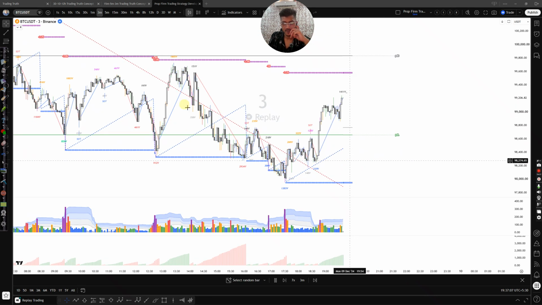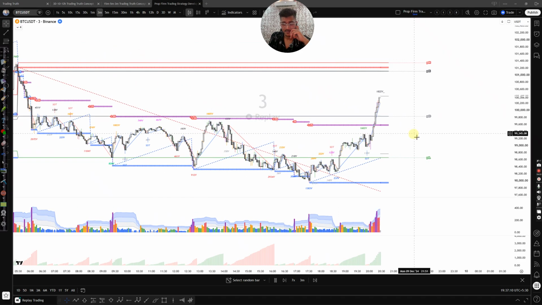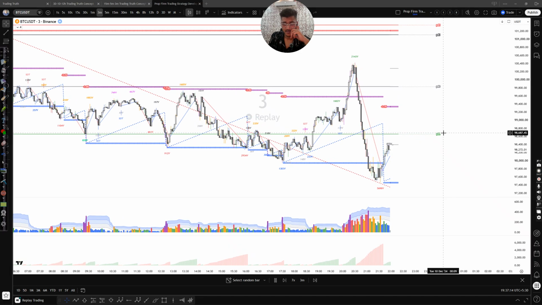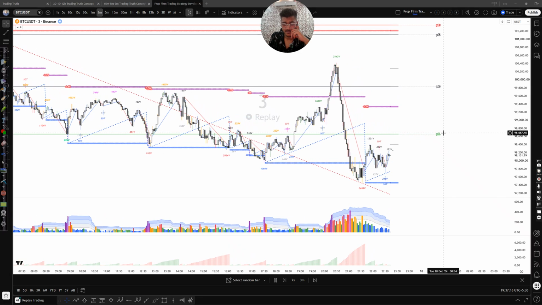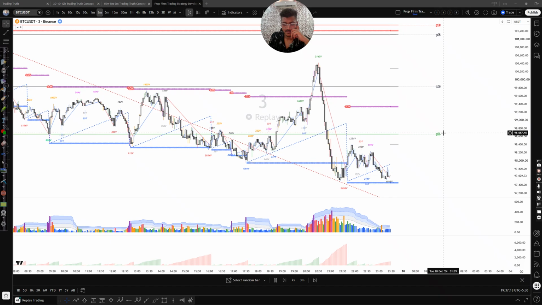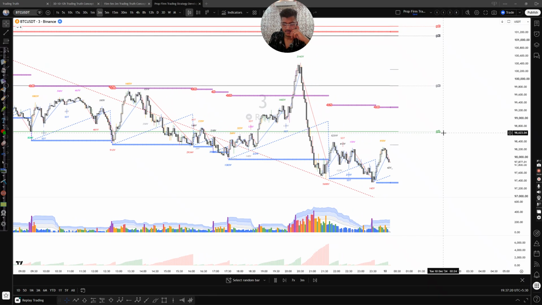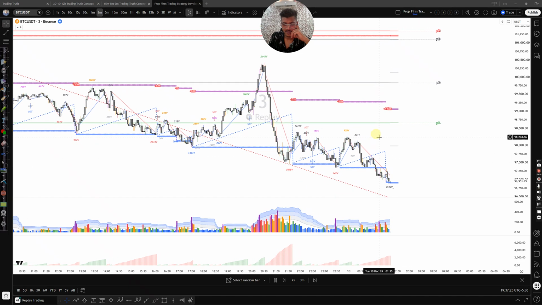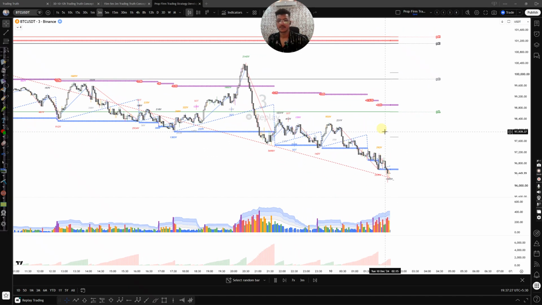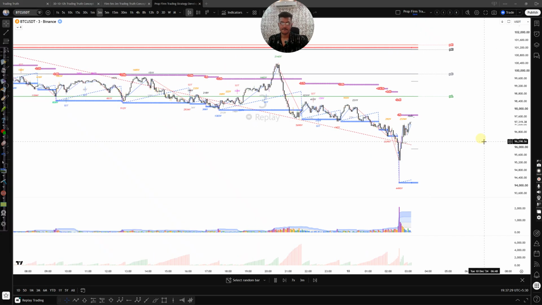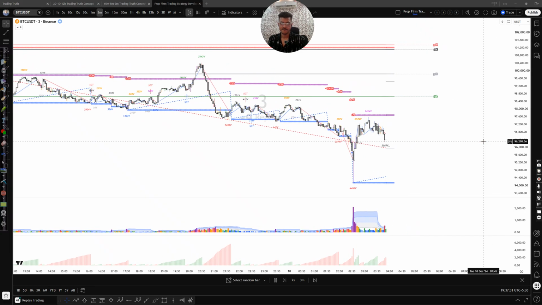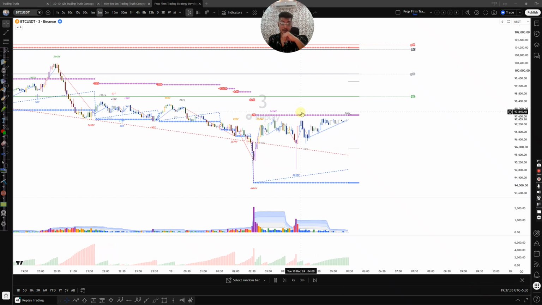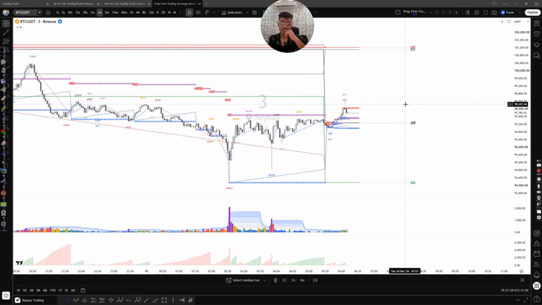Some bearish divergence we got, but it wasn't on the trend line. Yeah, this was there, but still not on the trend line. There we got a new day starts.